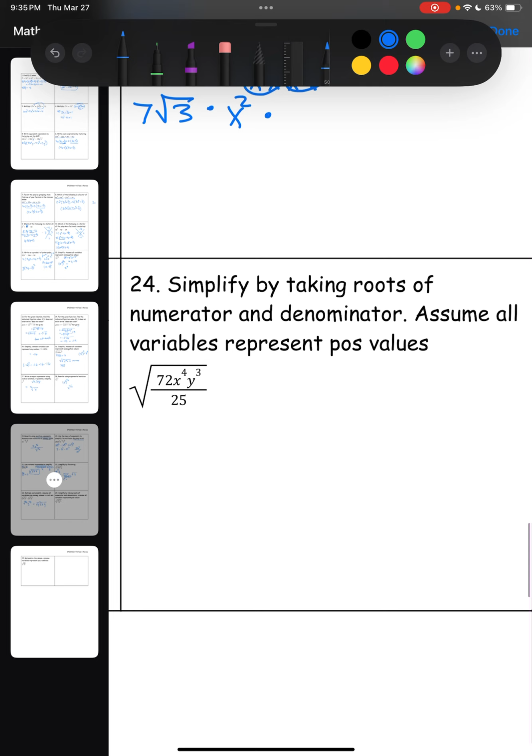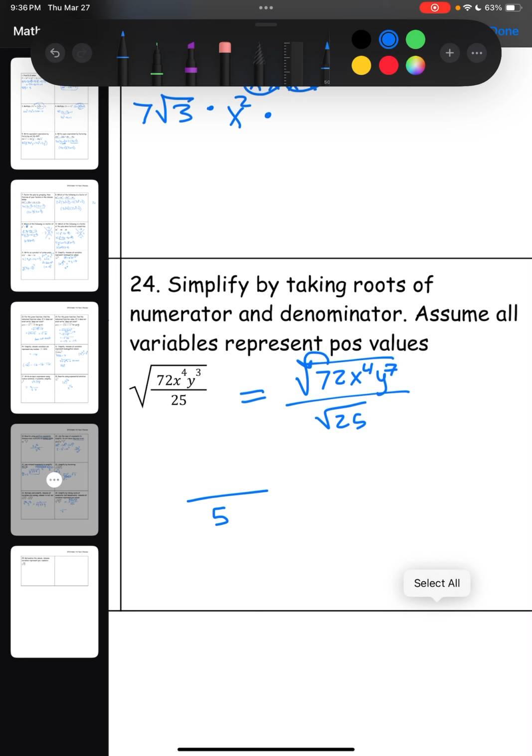Alright, number 24, again, they're wanting you to simplify, right? So basically what you're seeing here is, again, splitting like I did in class. This is the same thing, right? And then we're going to do the square root of 25. That's just 5. And then we're just going to pull these out. Well, the square root, we're going to pull out, it's a 36 times 2 for 72, if that makes more sense.